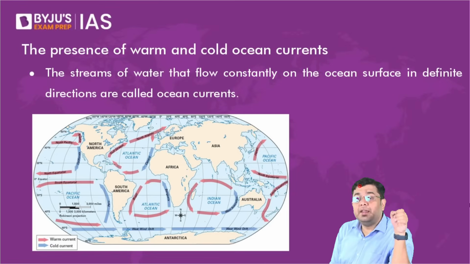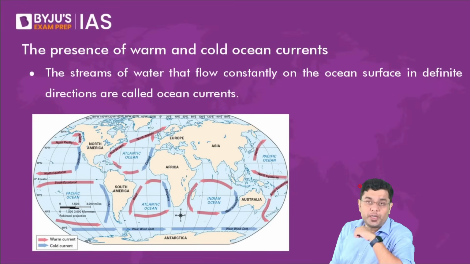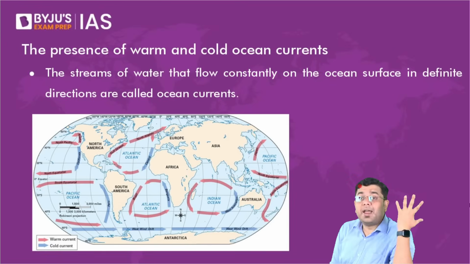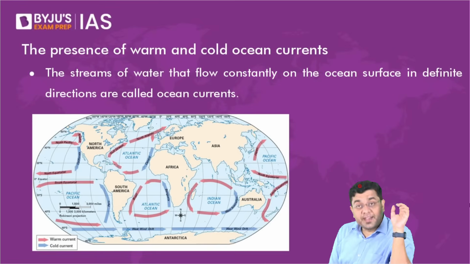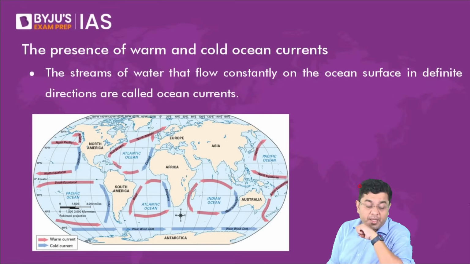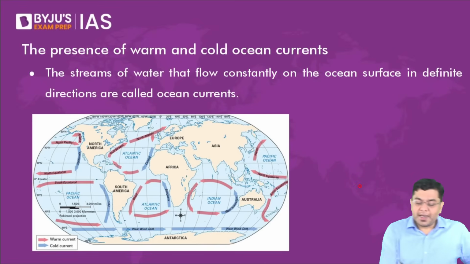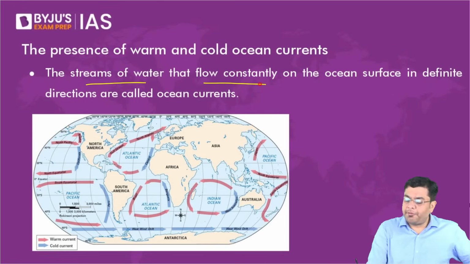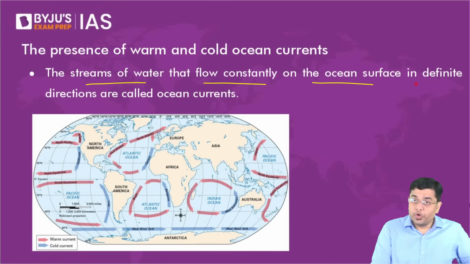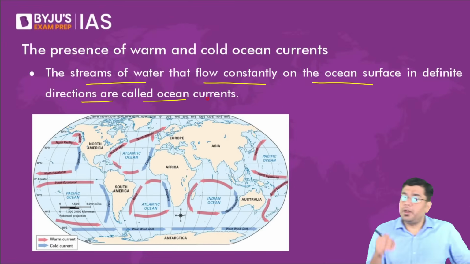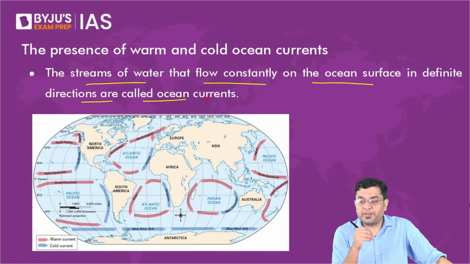If any area is frequented by a warm ocean current, it will lead to a rise of temperature. If any area is frequented by a cold ocean current, it will lead to a significant reduction in temperature. Okay. So, ocean currents are basically the streams of water that flow constantly on the ocean surface in a definite direction, and that is what we refer to as ocean currents.